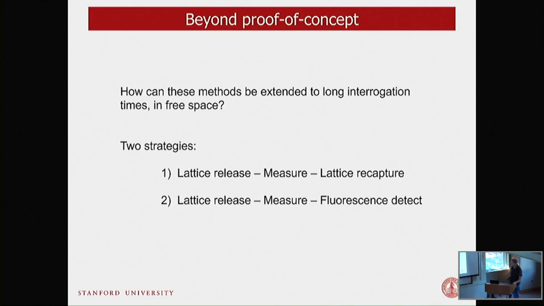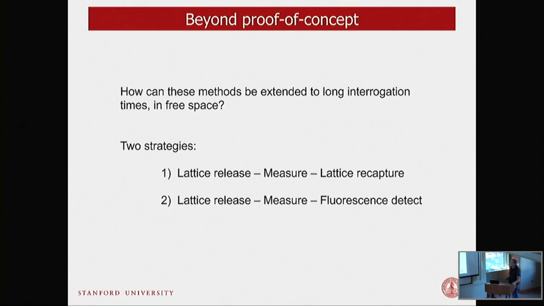What's the plan there? We've been playing around with two strategies. Strategy 1 is where we do the following protocol. We squeeze the atoms in the lattice, then we come in with a pi/2 pulse, drive a Ramsey sequence, and then we go back and do a collective detection again by doing the experimentally expedient thing of turning the lattice back on and making the detection.